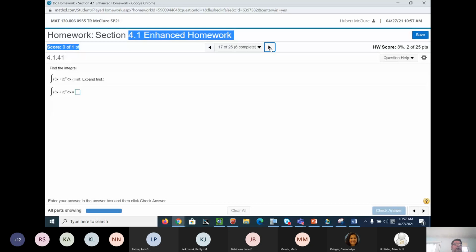Okay, there we go. All right, antiderivative would be 3x plus 2 to the third over 3. And then in the middle, yeah, that's substitution. So they've already gone to substitution in the middle of 4.1. So I need to wait.